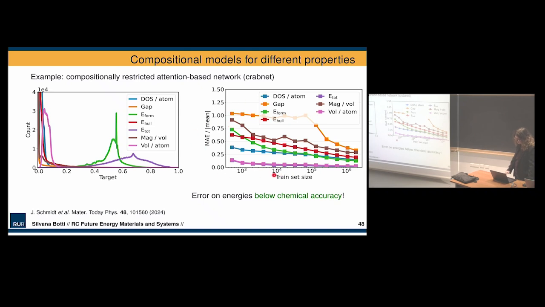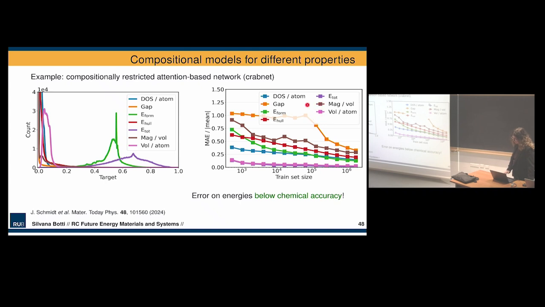And so you can see, for example, how different properties that have very different distributions will be easy or very hard to train. Increasing the size of the training set, you should always get a smaller error in your prediction. But there are some properties, like the band gap, if you consider both metals and non-metals, that are very hard to train to a lower error.